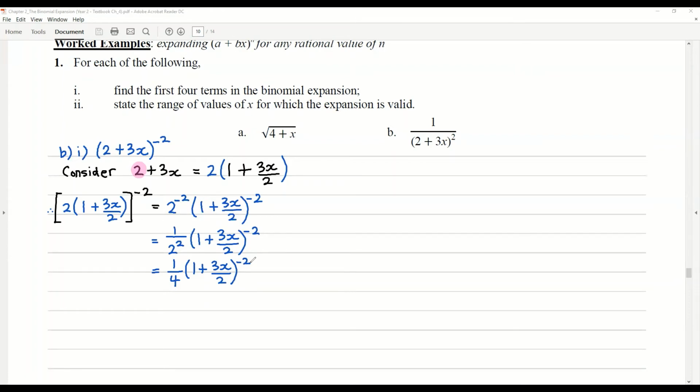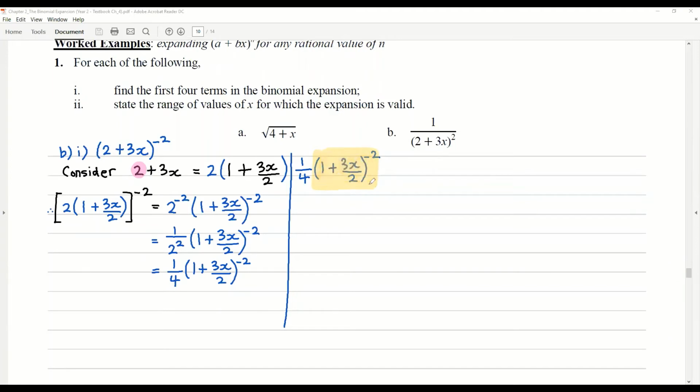So again, I'm just going to partition the board. Okay, and then we'll do the expansion on the right hand side. So for this one, we have a quarter multiplying 1 add 3x over 2 to the power negative 2. I'll highlight the bit we're interested in. We're only interested in expanding this, and then the whole thing is going to be multiplied by a quarter at the end.